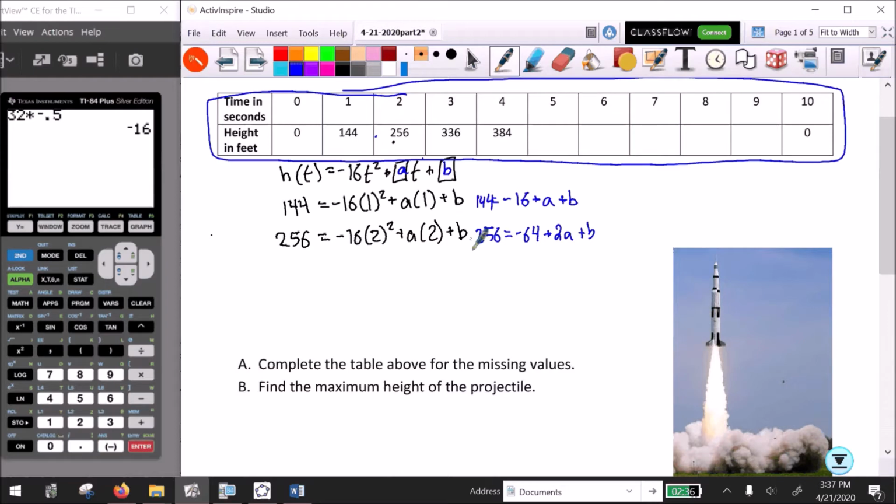Alright, let's clean this up a little bit further. We can take that 144 and add 16 to it, and we're going to get 170, right? Or 160, I'm sorry.